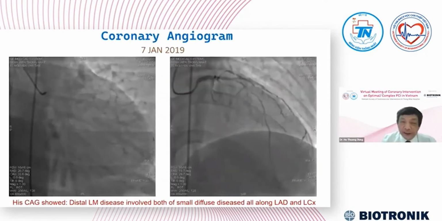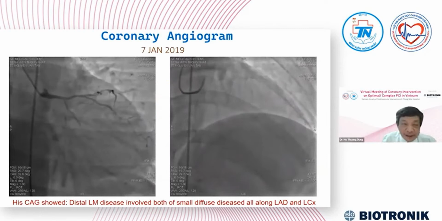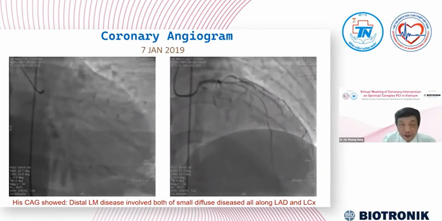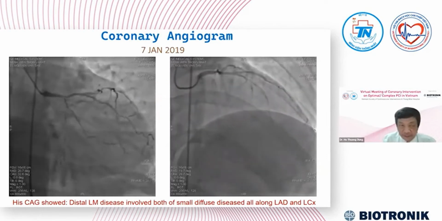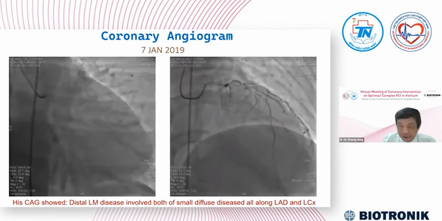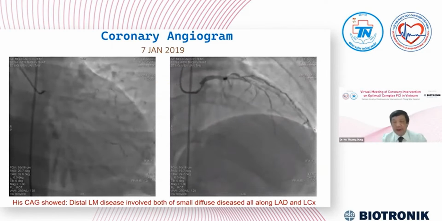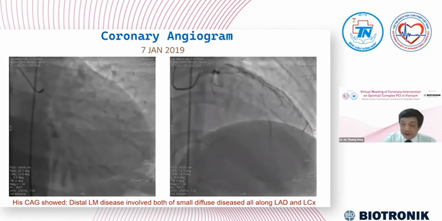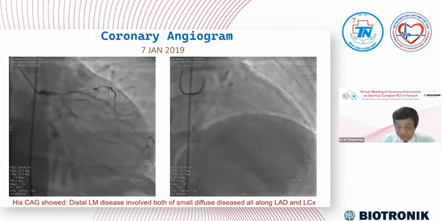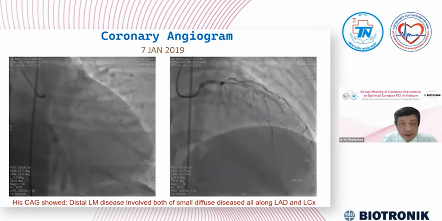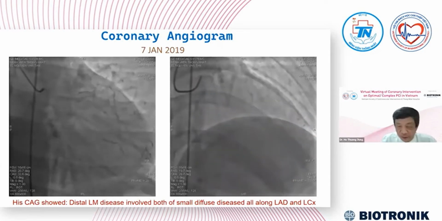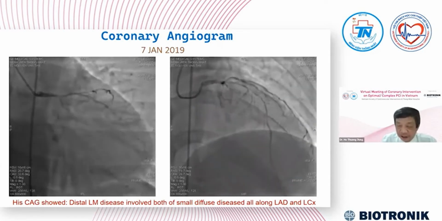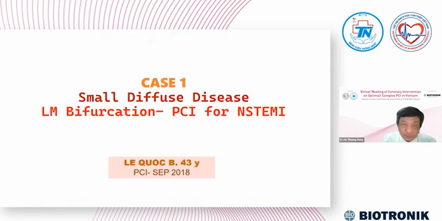As you see, the distal left main disease involves the ostium of the LAD, and there is a long diffuse lesion along the LAD and circumflex. When we saw the coronary angiogram, I didn't know what to do, so I referred the patient to the cardiac surgeon.